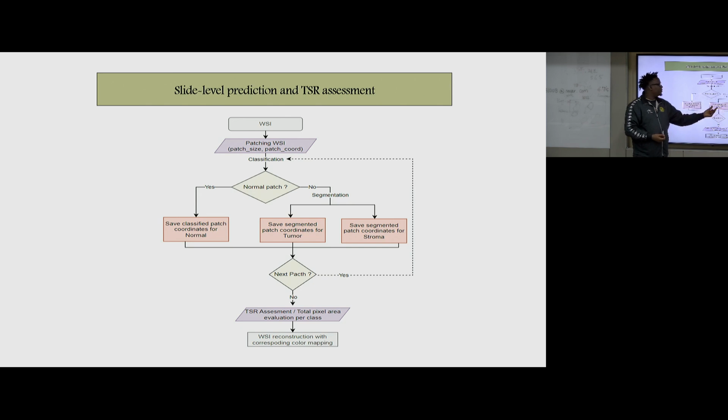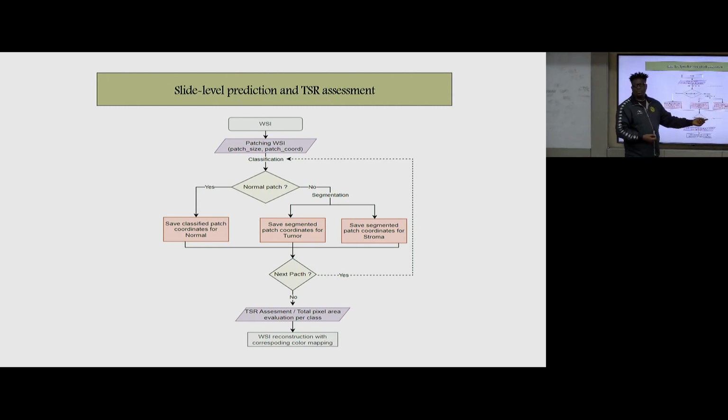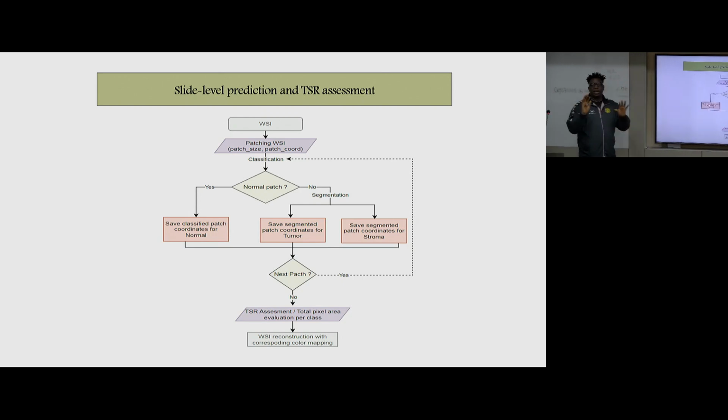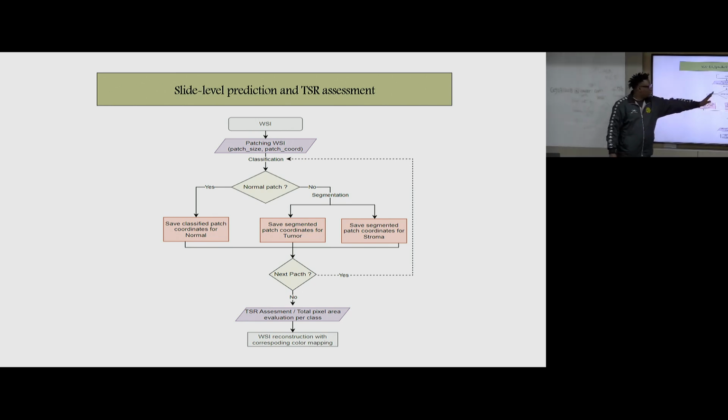On segmentation, I have to determine the tumor area and the stroma-associated tumor area also. And then from there, I will check, is there any other patch? I will do the same thing for all the patches of the whole slide image. And after that I can do the reconstruction, so I can map it back again to see what area represents what exactly. So I have normal here, tumor and tumor-associated stroma, for example.